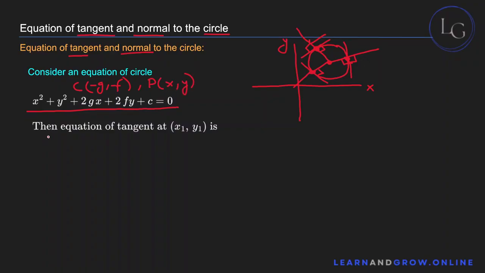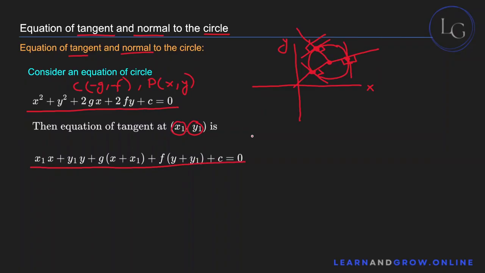Now, the equation of the tangent, let's say at an arbitrary x1 and y1 coordinate, will be this.